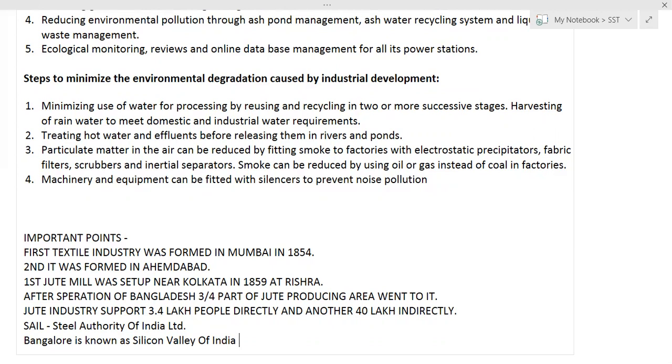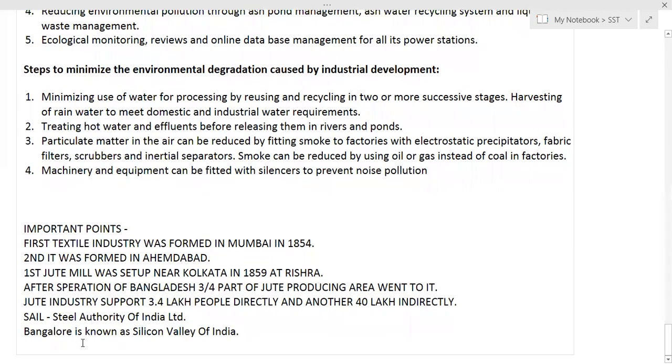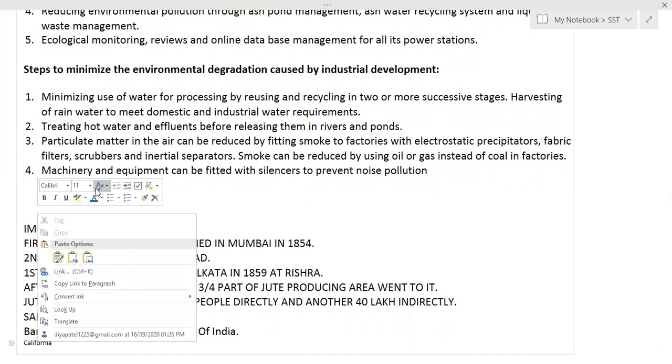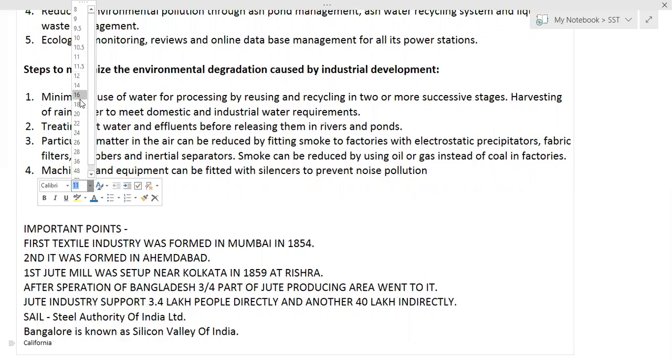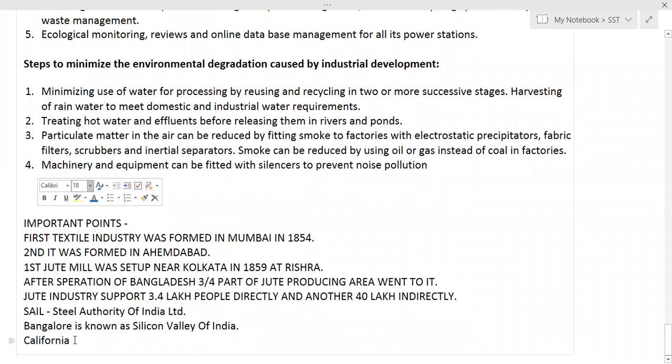You know Silicon Valley is in California, in the USA. In Silicon Valley the network is very high, and it is in India also.